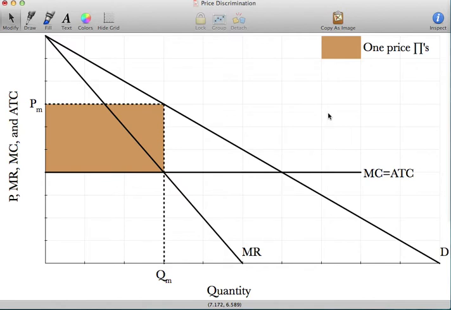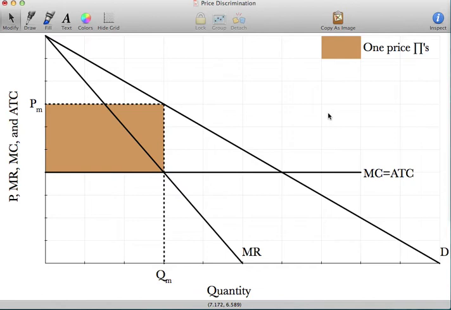So instead of segmenting the market into two separate groups, this monopolist is going to be able to segment the market by every individual in the marketplace. Now this is a highly unbelievable assumption that the monopolist would be able to determine the highest price every person is willing to pay, but for our purposes, just as an illustrative point, we'll do exactly that.